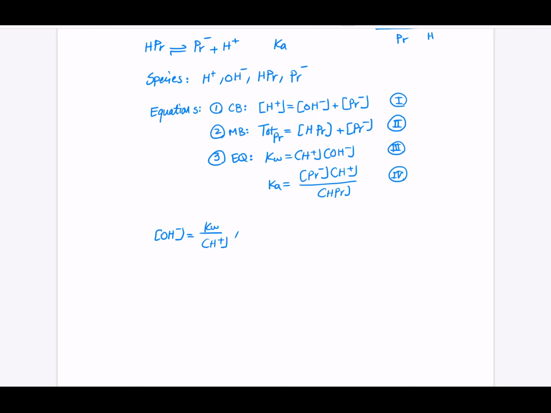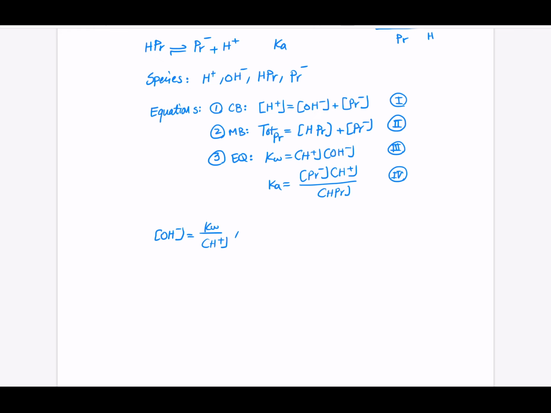Now I want to use a different kind of relationship using alpha. As I mentioned, alpha is very useful. So I want to connect the concentration of PR minus to H plus and total, which is a constant.